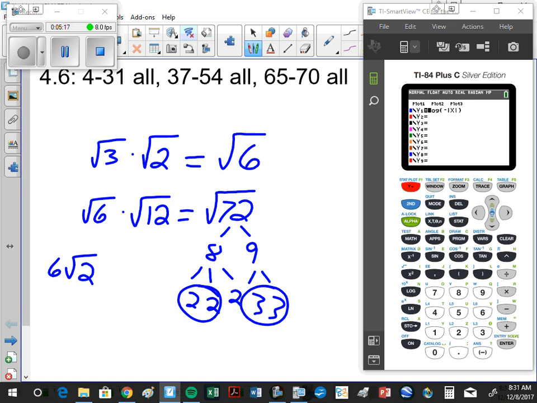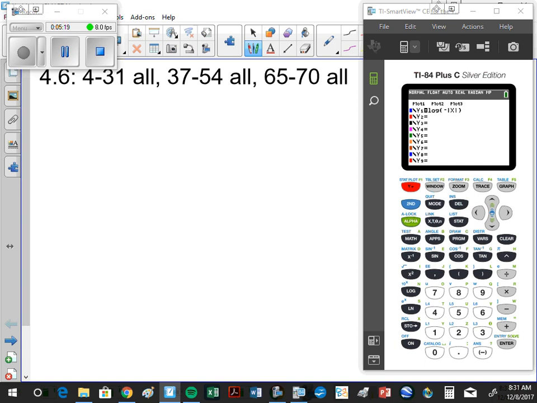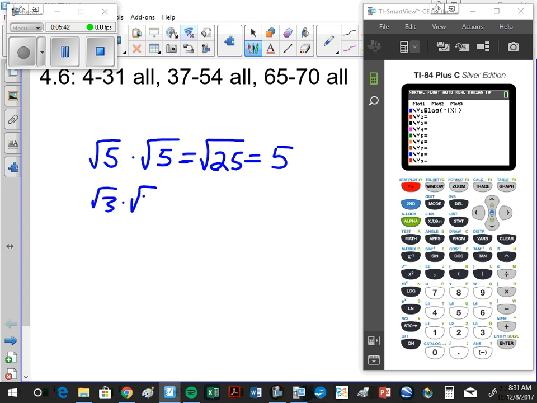All right. What if I had the square root of 5 times the square root of 5? That's going to be the square root of 25, which is actually just 5. Does that always work that way? If I had the square root of 3 times the square root of 3, what's the answer?